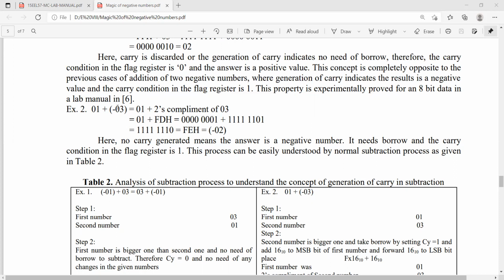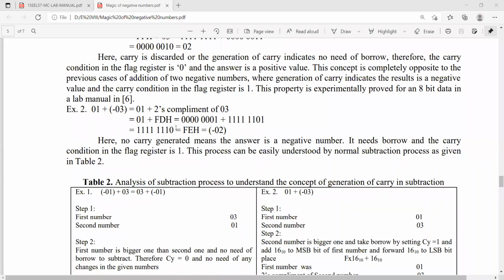So that FD is added to the first number. Simply, there is no need to write the minus. Already this data has a one bit here. This bit indicates it is a negative number. The MSB bit always indicates the negative number. Therefore, we can add the two values. So 1 plus 1, 2, it can be represented as binary 1, 0.